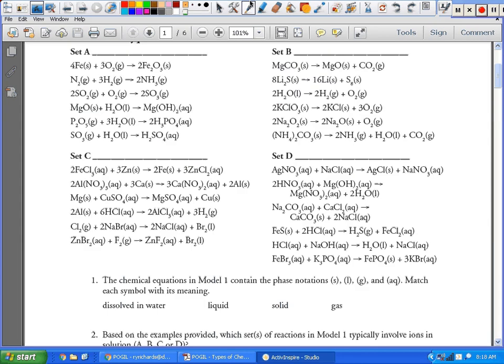So let's go in and let's look at part A. Your first focus needs to be, where is the arrow? There, there, there, there, there, and there. Now, tell me some of the similarities that every single one of these reactions have in common. Okay.